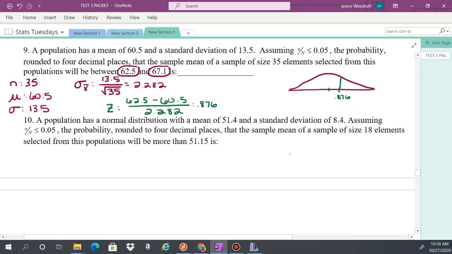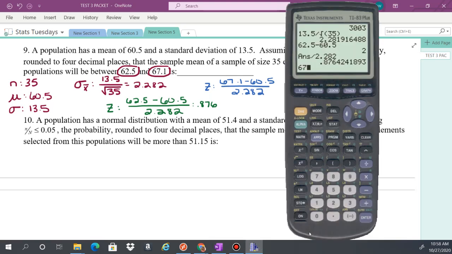Now let's do 67.1. So z, the x will change to 67.1. Our mean is still 60.5, and we're still dividing by 2.282.